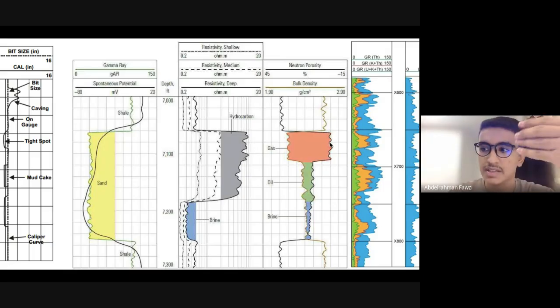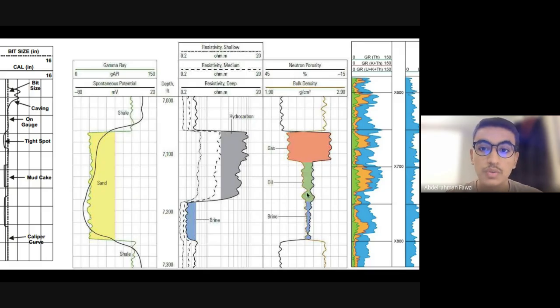So it means that our neutron readings, the collisions, are lower because that gas is basically less dense. So the amount of neutrons that are likely to collide with other neutrons will be lower. This separation gets tighter when it goes to oil. We understand that our density is getting higher because oil is more dense.